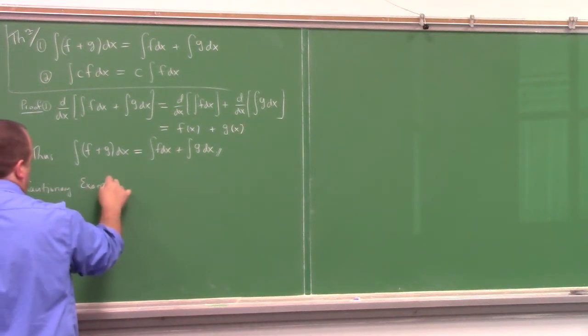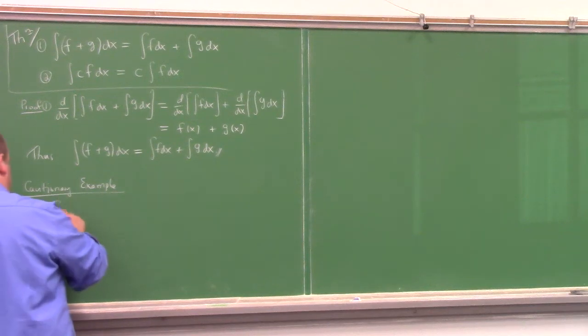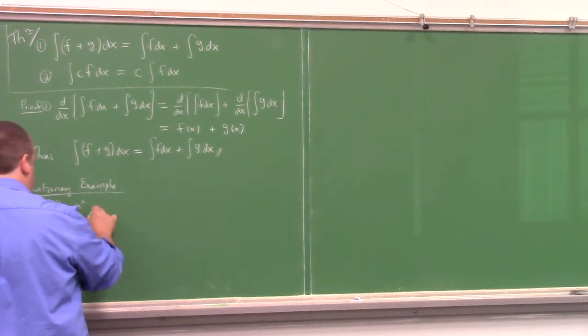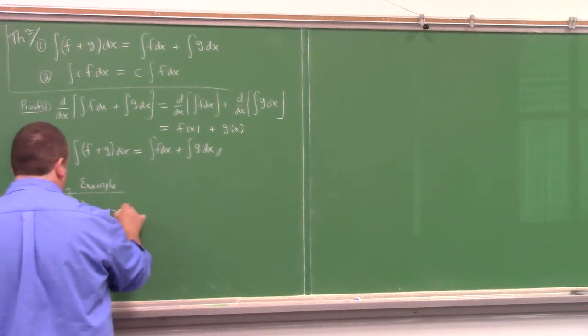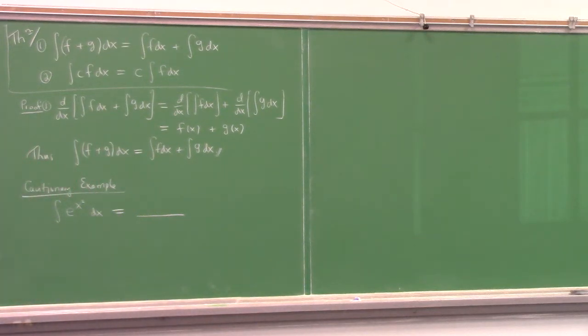So far, I've shown you things that we could do, right? But let me throw something at you. How about this? Integral of e to the x squared dx. What would the antiderivative of e to the x squared be?